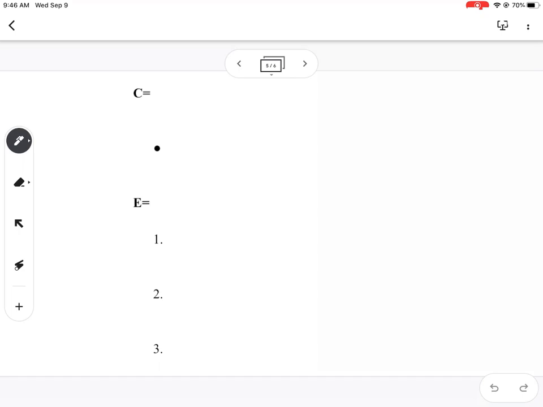Next is C, which is actually importing your quote and citing it. You need to make sure you are citing the quote. Now, whenever you in-text cite, you will always have what I call the ALN, the author's last name, no comma, and then the page number.